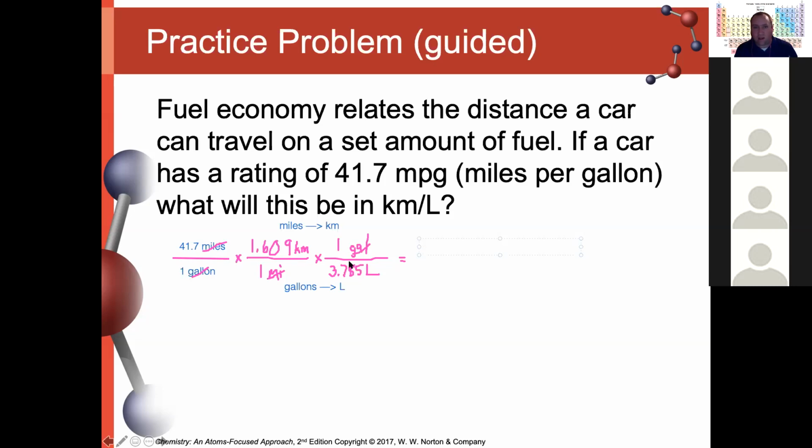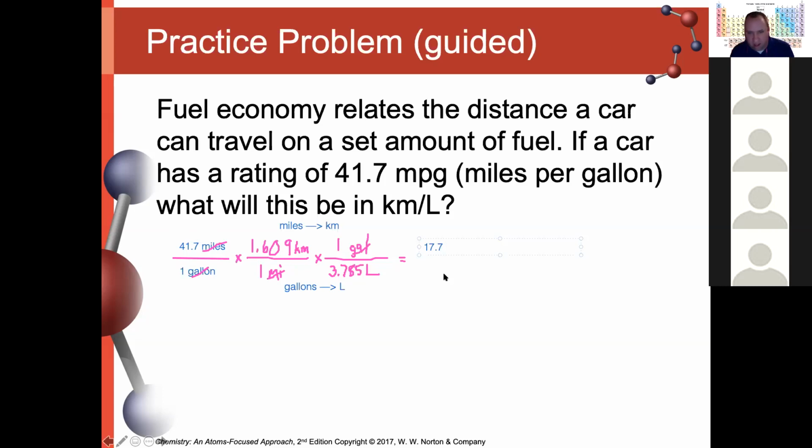So in these kinds of conversions, if there's a 1, we can assume the 1 is exact. The other value is the one that we'd have to worry about. So 3 significant figures is our answer here, because our starting measurement, 41.7 miles per gallon, has 3 significant figures. So in the end, 17.7 is our number.